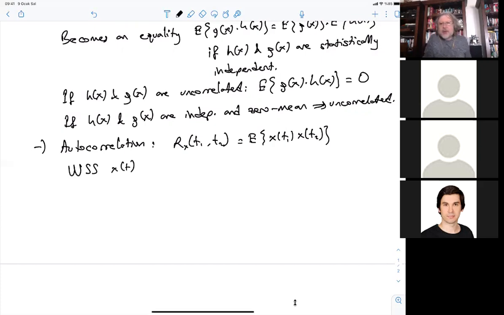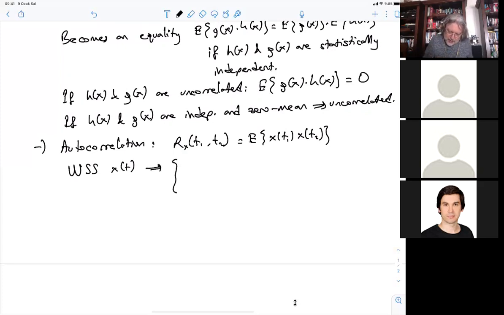When you think of autocorrelation in this kind of a formula, it is for many practical purposes not as useful as the autocorrelation of so-called wide-sense stationary processes. So if x of t is wide-sense stationary, by the way, the thing that I'm going to write for the formula of the autocorrelation is the condition for the process being wide-sense stationary. Wide-sense stationary means it is stationary in its mean, so its mean doesn't change.